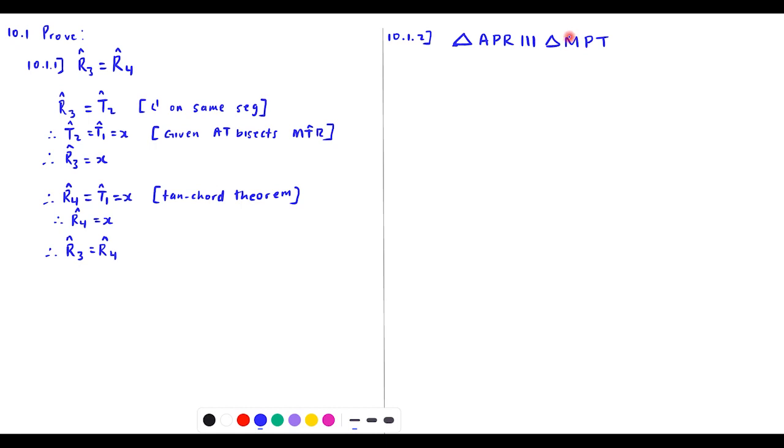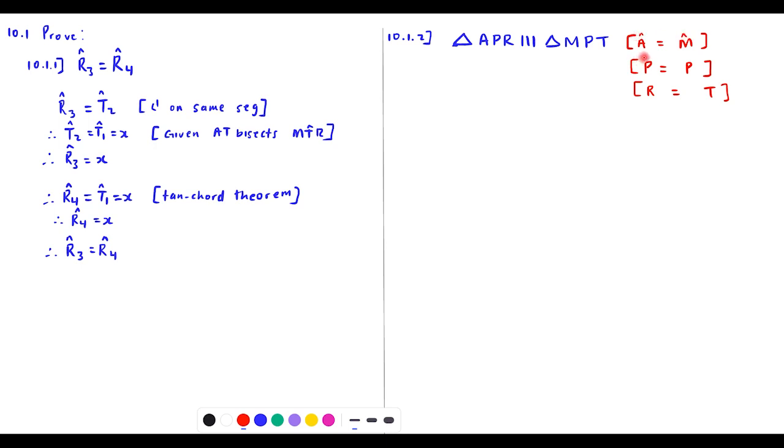Because the minute they write that triangle APR is similar to MPT, all you need to do to prove this is to prove that angle A is equal to angle M, and angle P is equal to angle P on the right triangle, and angle R is equal to angle T. Now looking at it this way, you can see that it is confusing, right?